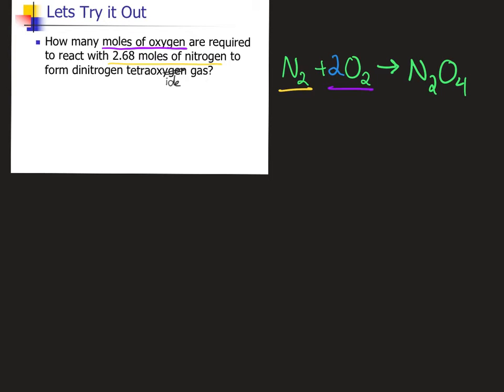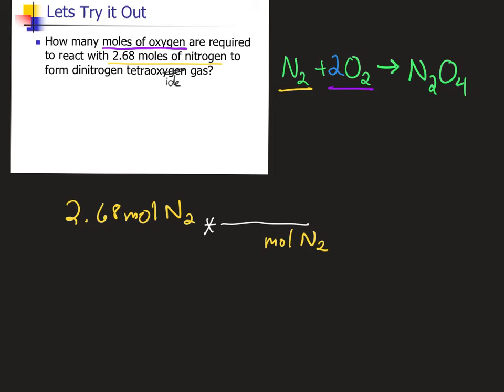So now we look at these and go, okay, my given is 2.68 moles of nitrogen. If I'm going to get rid of something, it would be getting rid of my moles of nitrogen.